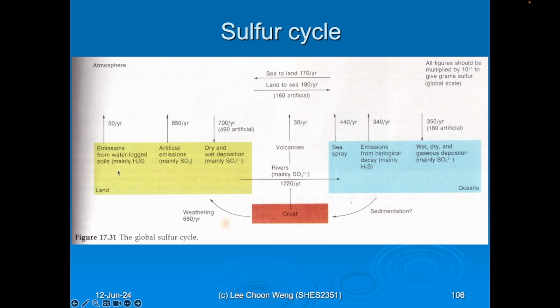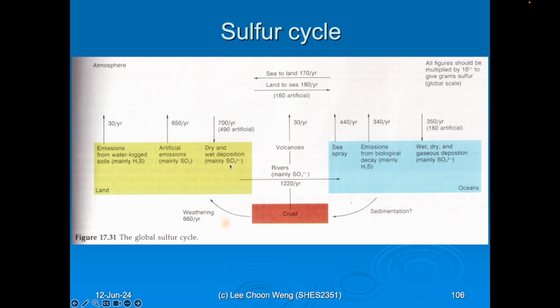For the global sulfur cycle, we can see the emissions from waterlogged soils, for example mangroves and paddy fields, mainly in the form of hydrogen sulfide, and then artificial emissions from the burning of fossil fuel, mainly in the form of sulfur dioxide.